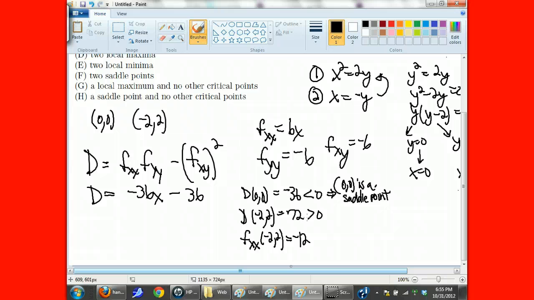Why do we care? It's going to tell us whether we have a local min or a local max. Capital D is positive, but f double x is negative. The way I keep it straight is I think about concave up and concave down. I treat my double x as telling me which one it is. If my double x is negative, then I have a concave down, like a frown, so I'm going to have a max. You do whatever you need to do, but it's a max.